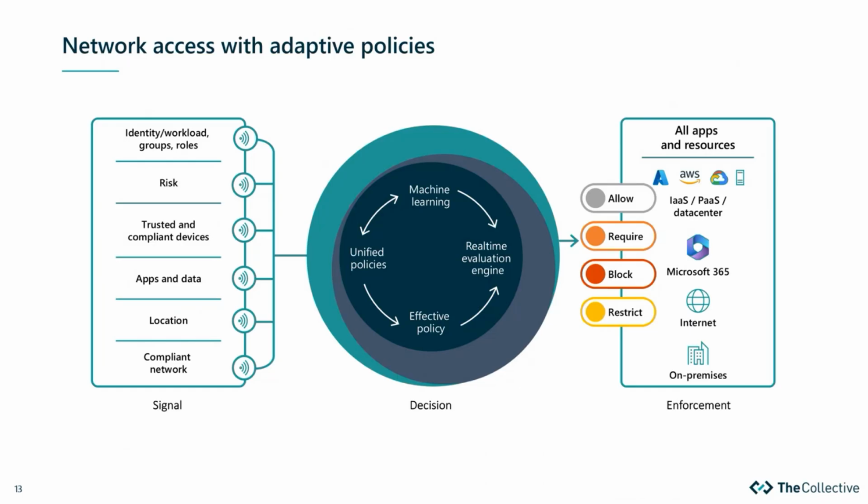Is the user connecting from a trusted device, for example? What is the application that is trying to connect? What is the location? And all of these signals we use to eventually decide whether that user is able to log in into the destination resource or not. We can allow it, we can block it, we can even do some step-up authentication. And these are all the things I actually want to talk about in this workshop.